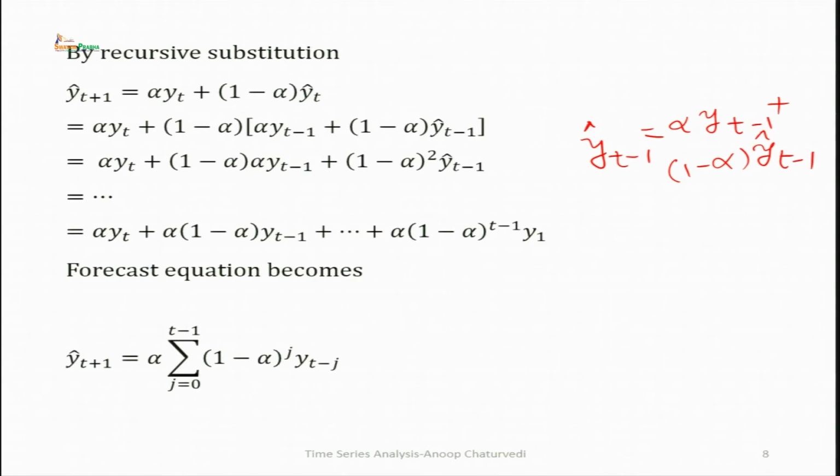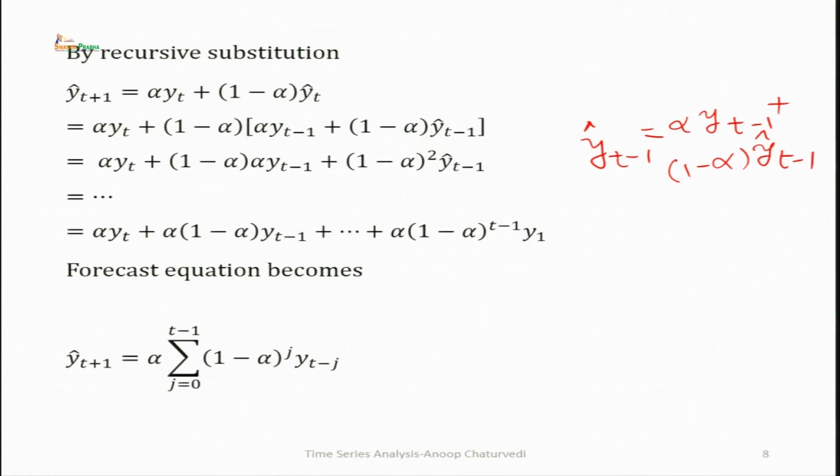Then you will obtain the next step as alpha y t plus 1 minus alpha into alpha y t minus 1 plus 1 minus alpha square into alpha y t minus 2 plus 1 minus alpha cube into y hat t minus 2 and so on.